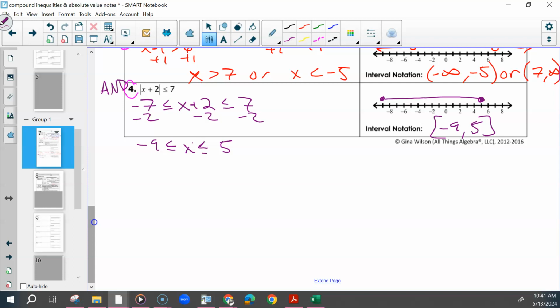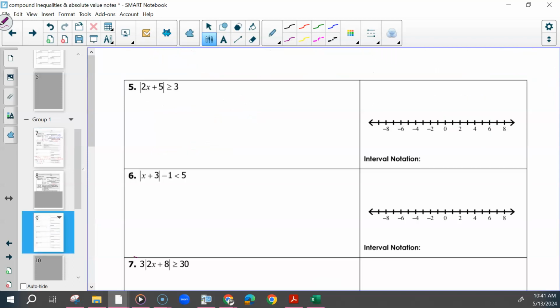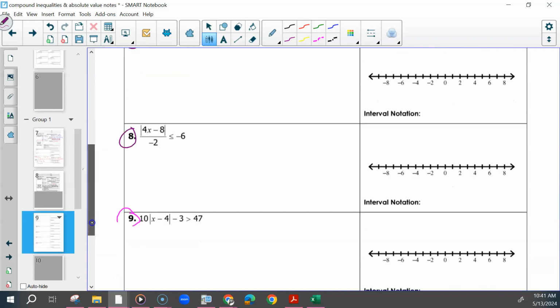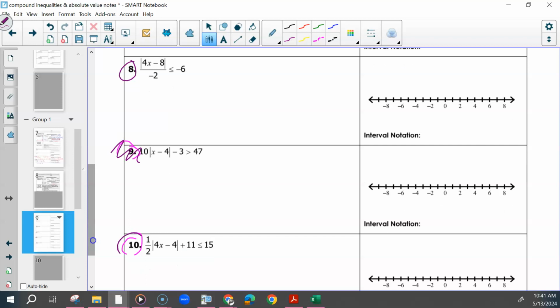Look on the back. Find any questions you want to see me go over, and I'll just circle them for when we come back. So we will work on those 3 when we get back.